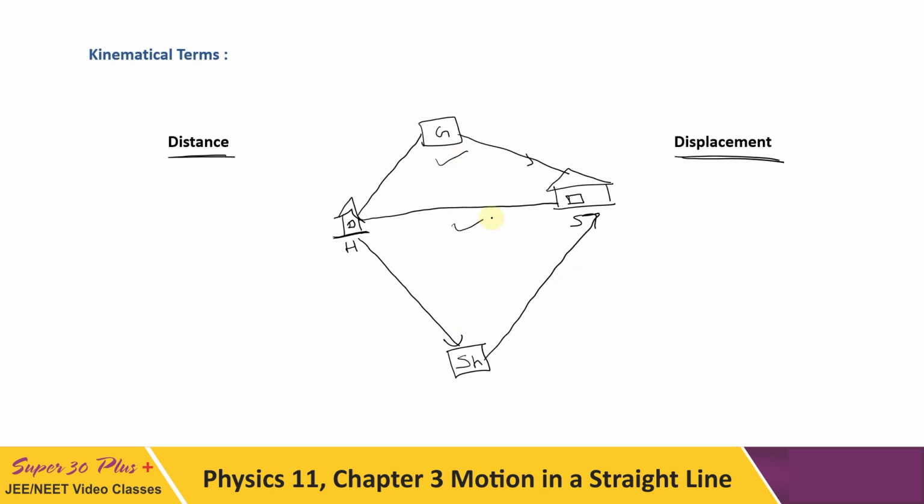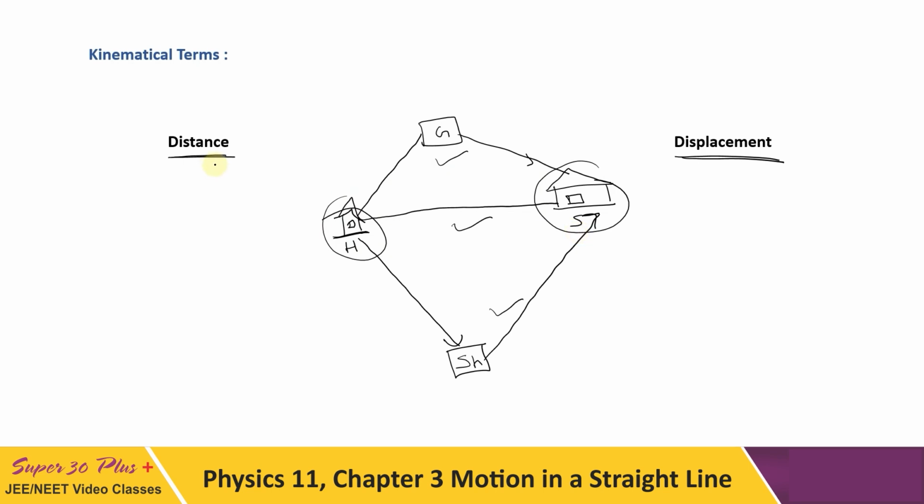Of course, path length, if you see, is different because one is traveling directly, he is going from home to school, so he is taking the shortest path length. The other one, first he is going from home to the gym and then to school, so this is a somewhat different path length. The third one is taking another path, so here also path length will be different. So for all the three, because the source is the same, that is home, and the destination also is the same, that is school, but for each student the path length is different.